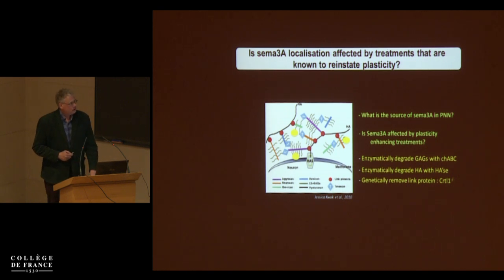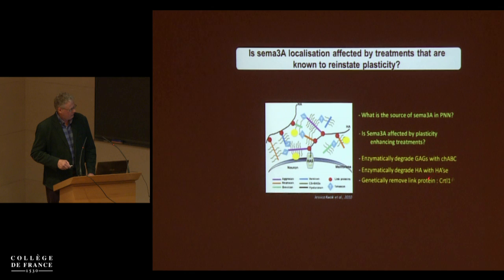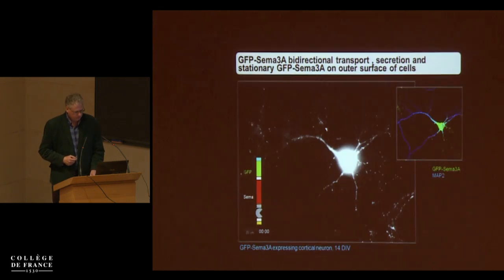And is SEMA3A affected by plasticity enhancing treatments like degradation of the net with chondroitinase ABC, an enzyme that was also already mentioned by Andreas, or by genetically removing the nets by deleting one of the important proteins in the net, the link protein?